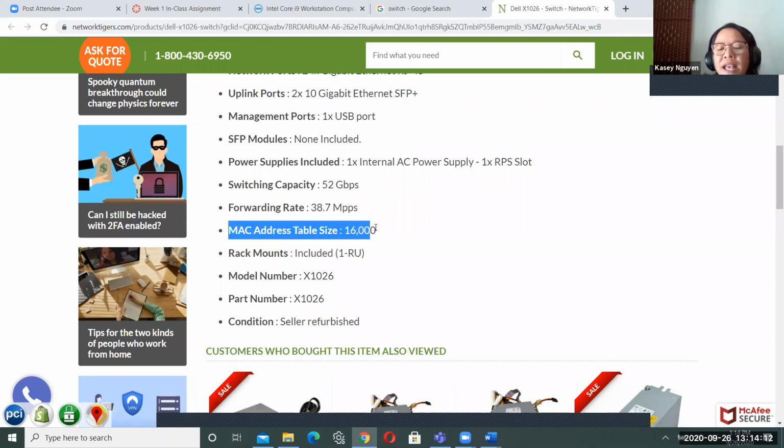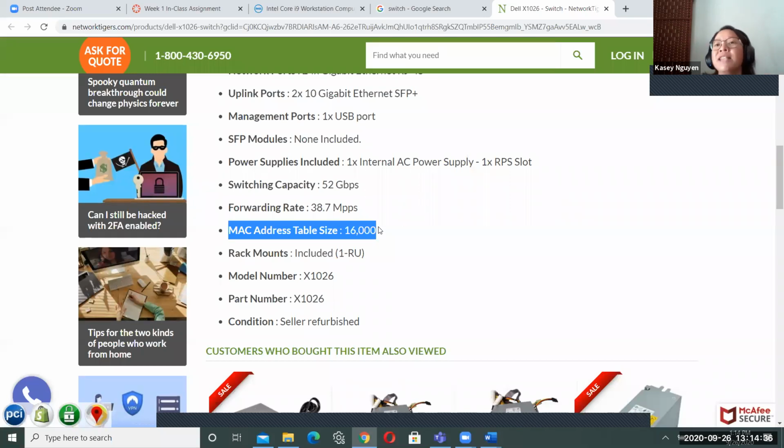MAC address table here indicates whenever a system sends and receives in a network environment through a switch, that system is entered into a table as an entry. So think of it like how you go to the post office and you're trying to send a package, right?